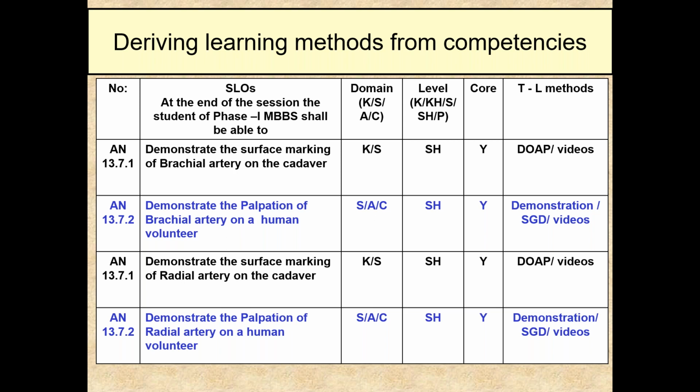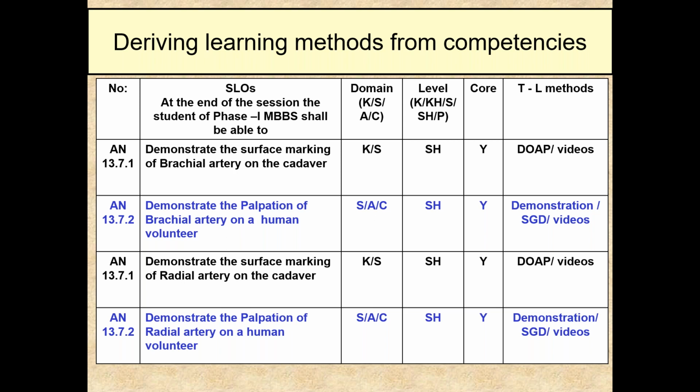That is where at least somewhere we can implement the affective and communication domain. This is: demonstrate the palpation of a brachial artery on a human volunteer. There you can show the affective domain, how the student behaves with the human volunteer who is assisting his learning process, and how he should be communicating with that person.